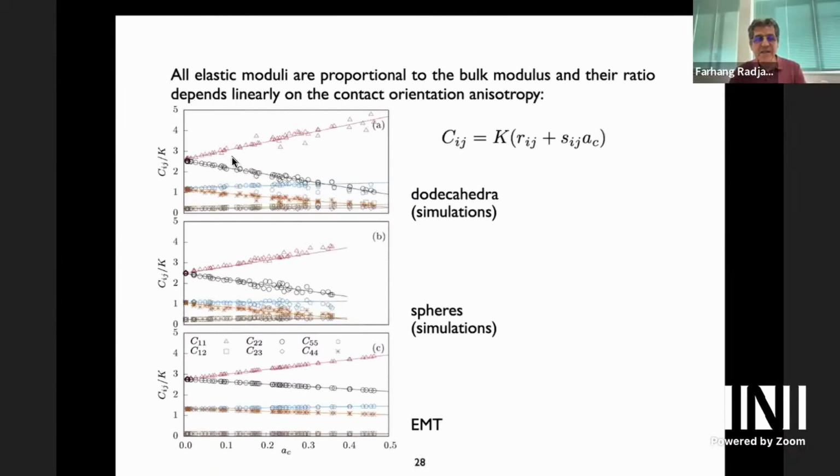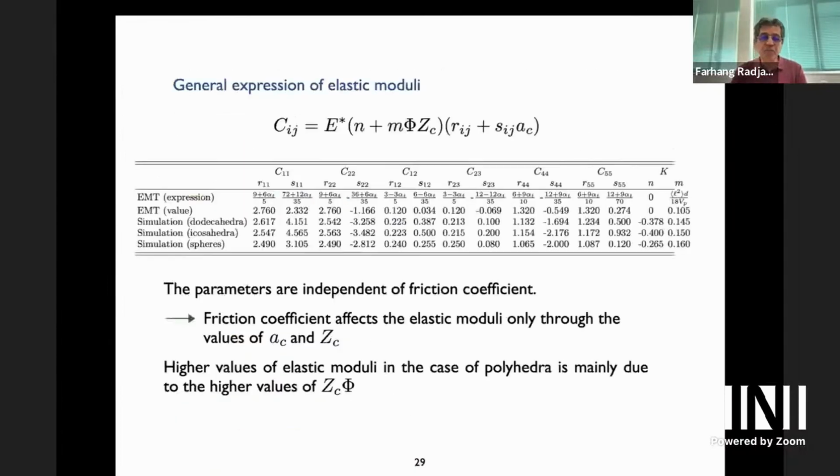Here, this is AC of all of the components, all of the elastic moduli. So this is for dodecahedra, this is for sphere, and this is EMT. And you see that we have, again, something which is correctly predicted by EMT, this linear dependence, but the coefficients here, RIJ and SIJ, are different.